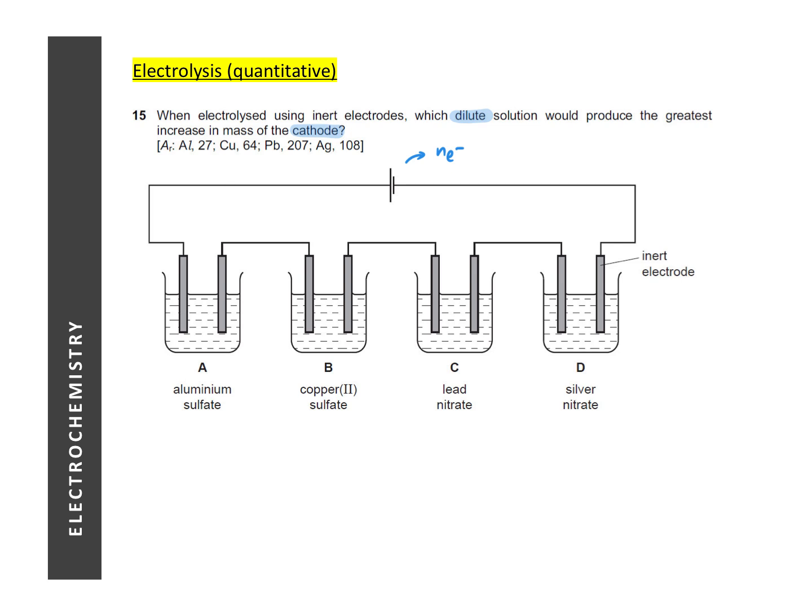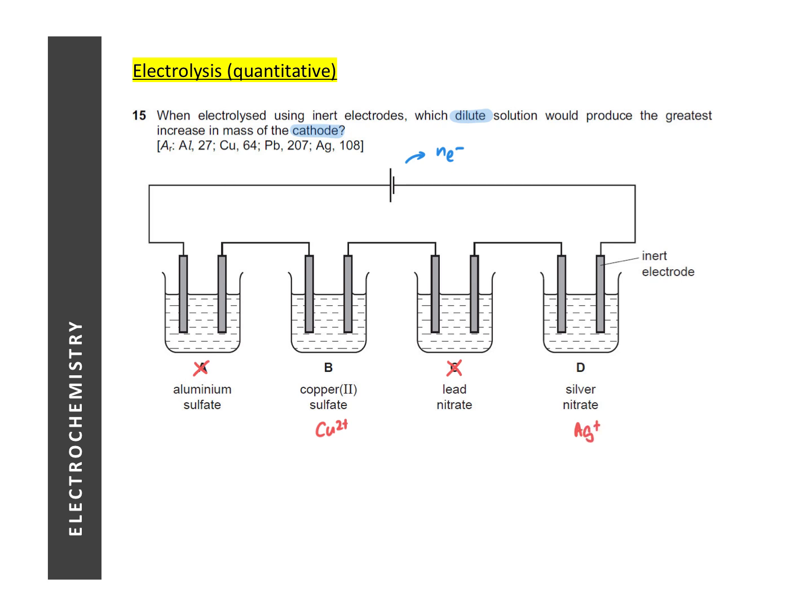Dilute meaning aqueous. So in this case, immediately we can rule out A. Aluminium is above hydrogen in the electrochemical series, so hydrogen will be reduced instead, and we can remove lead as well. So the only 2 metal ions that are below hydrogen here would be copper, Cu2+, as well as silver.